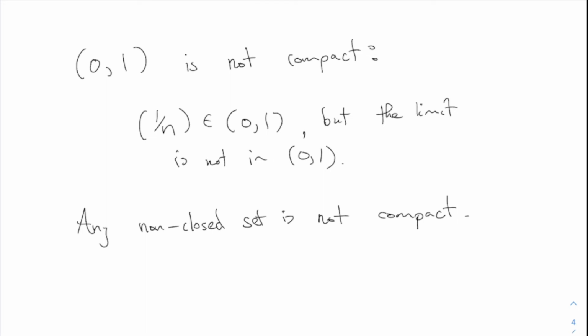This is maybe clearer if I write the contrapositive. This says if a set is not closed, then it is not compact. What's the contrapositive of that? If it is compact, then it is closed.